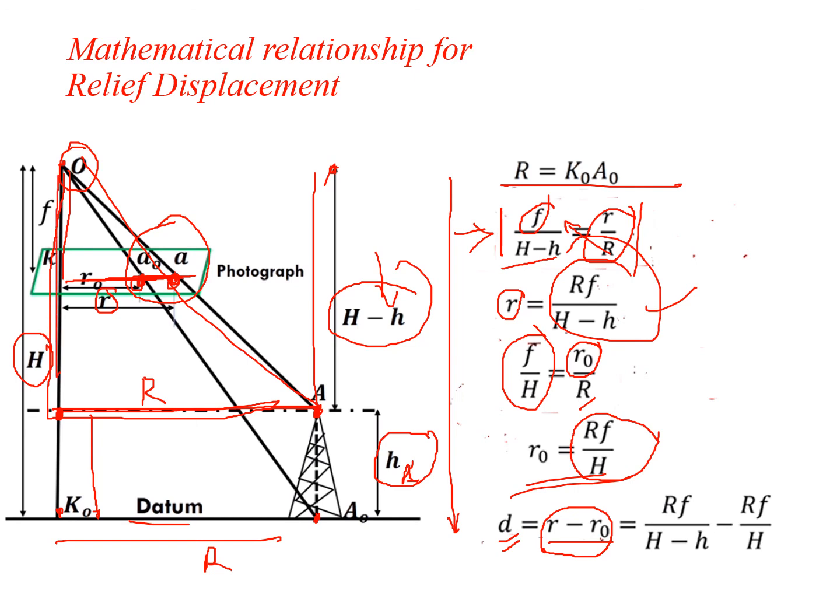The optical axis to the a point is a greater distance as compared to a0. So this is very similar to a minus a0. If you want to know this, simply take the subtraction of these two, and that will also give you the relief displacement d, or, in this case, the height of the tower.